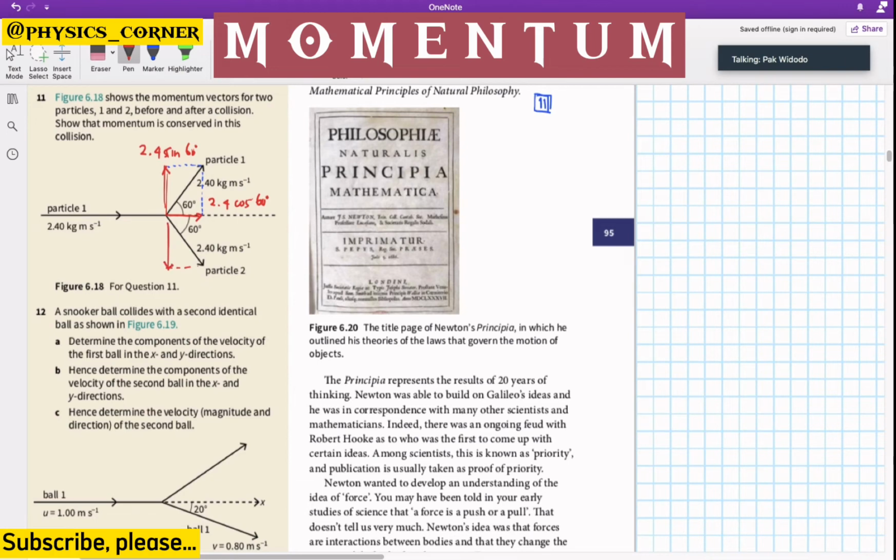Here 2.4 sine 60, and this also 2.4 cos 60.